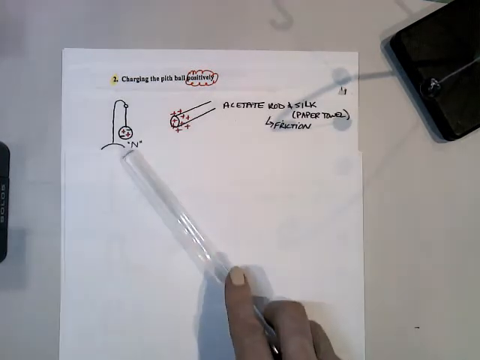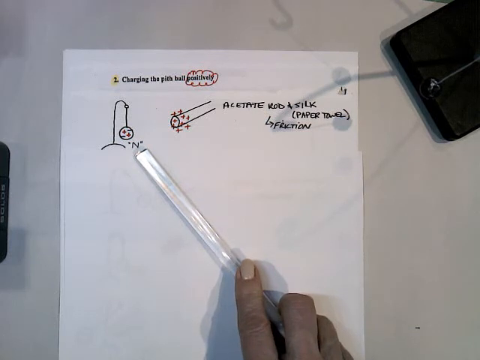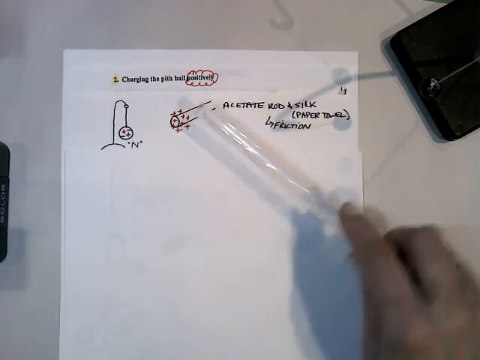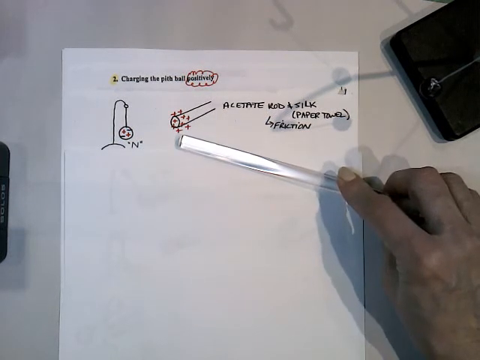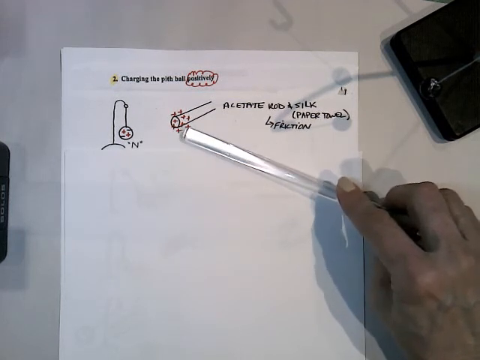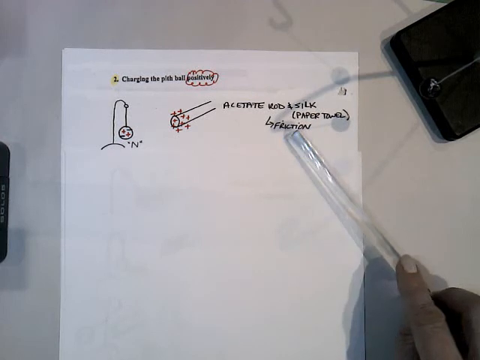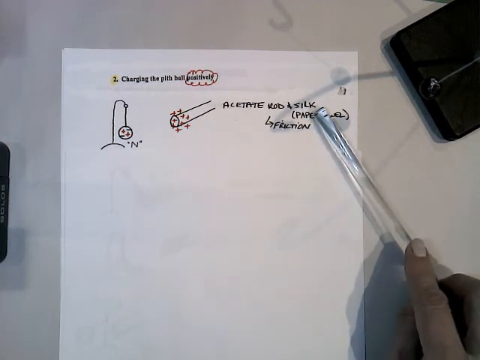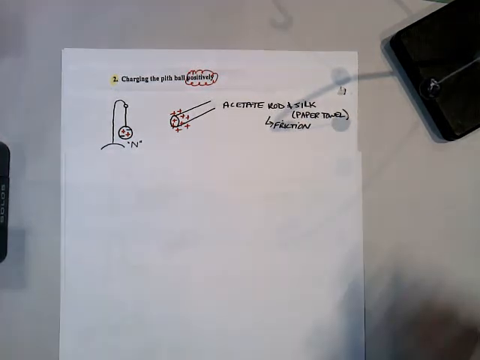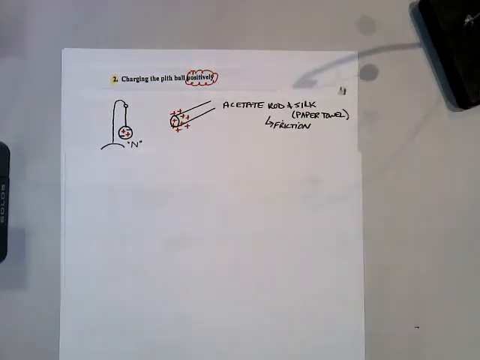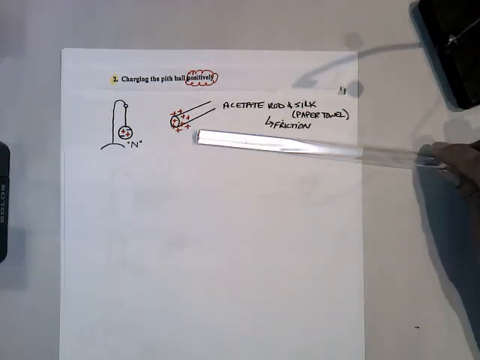So once again, we're going to start out with a neutral pith ball, two positives, two negatives. Now I've got my acetate rod and I'm going to charge it up positively. I do that by rubbing it with paper towel, charging by friction. The textbooks always say to use silk, but to be honest, the best thing is paper towel. So I've got my positive rod.